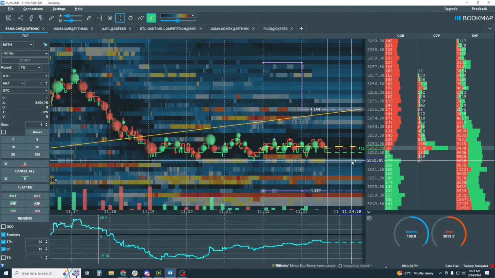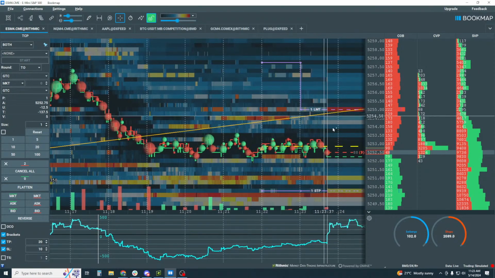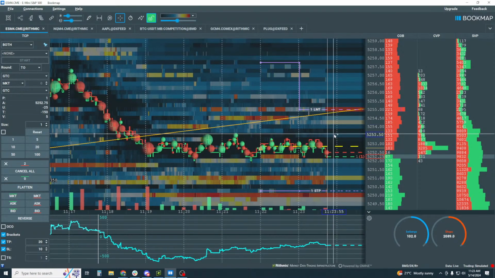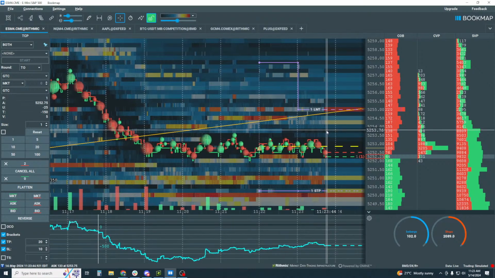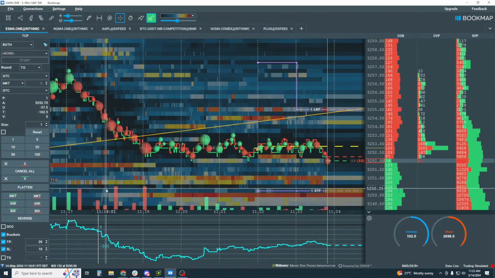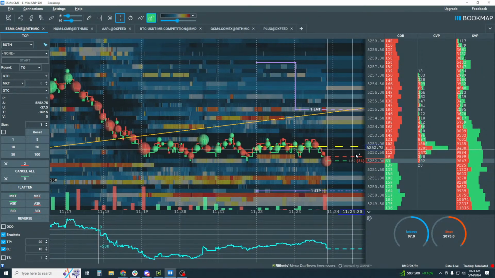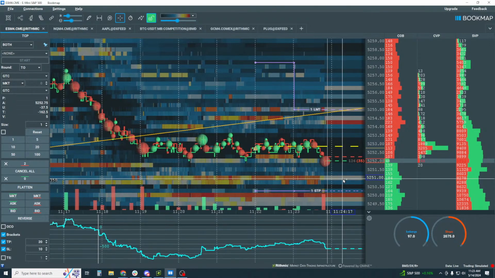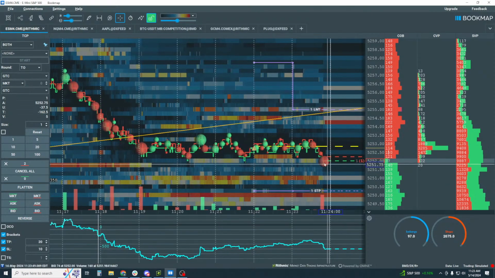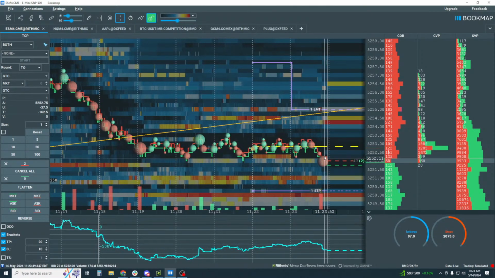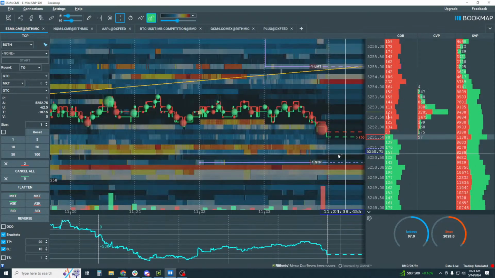Look at them open up here at 52. I don't like it. Bottom of the range and sellers. Now this needs to reject, and we need to find buyers come back in.